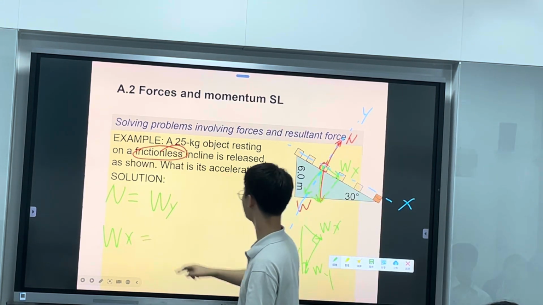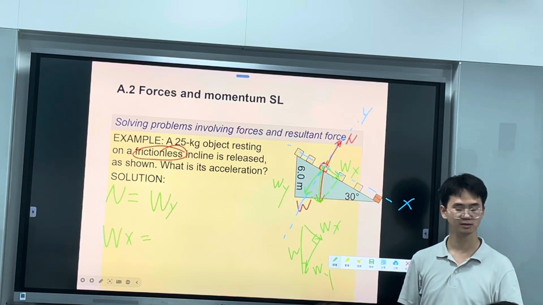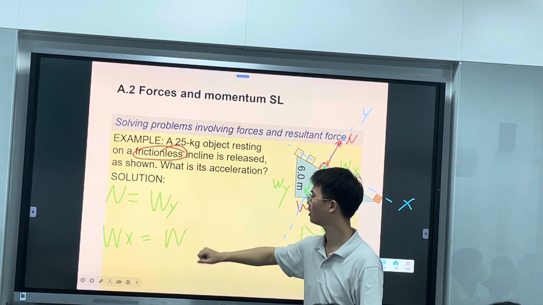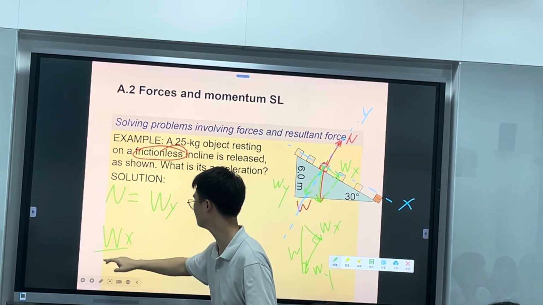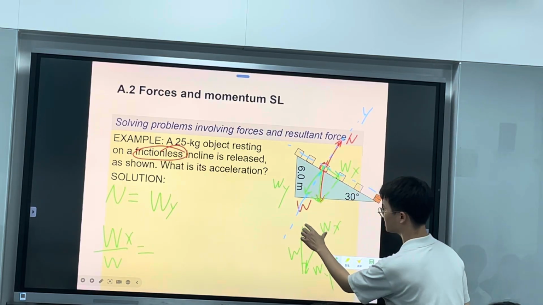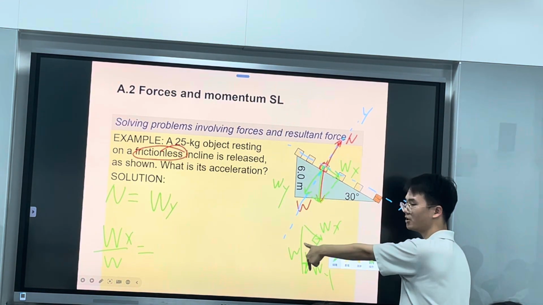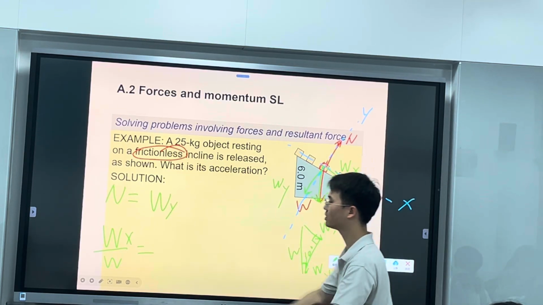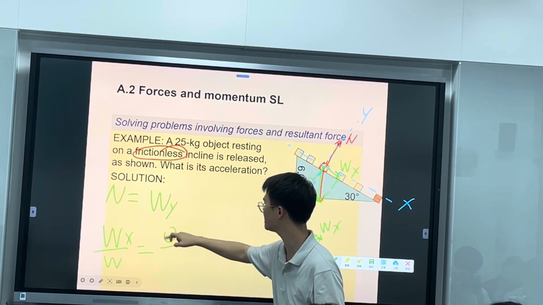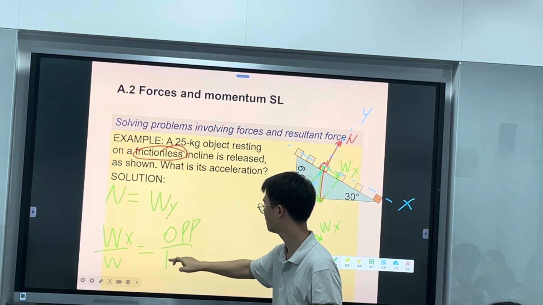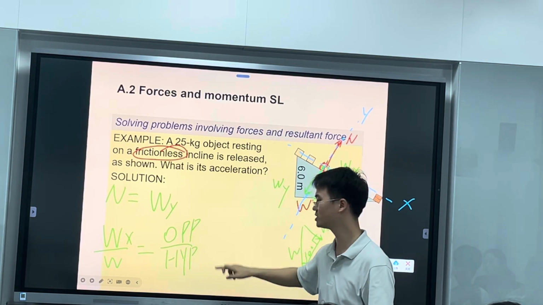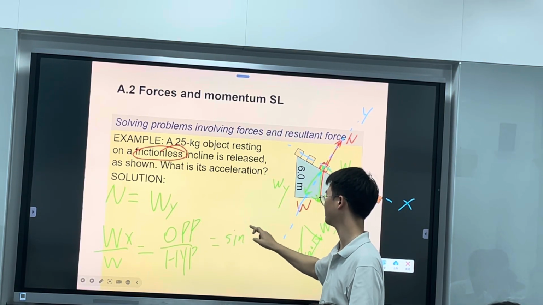So Wx divided by W. Let's say this is the 30-degree angle, which is opposite, right? W is the hypotenuse. So Wx over W is opposite over hypotenuse, which gives you sine 30 degrees, right?